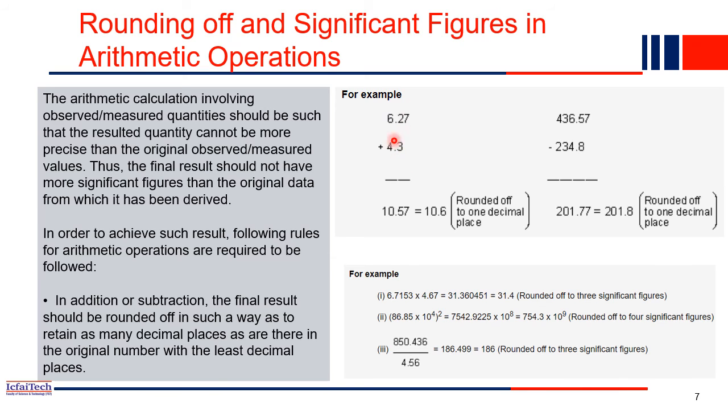So again, it is very difficult to convert, so we have to do the rounding off. While you do arithmetic operations, addition, subtraction, multiplication, and division, how will it change? The arithmetic calculation involving observed measured quantities should be such that the resulting quantity cannot be more precise than the original or observed value.